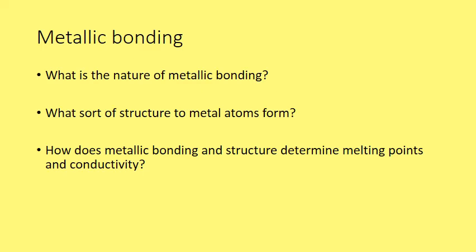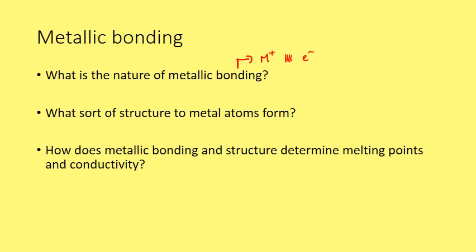And that just leaves us to review our learning objectives to make sure that we've covered it all off. First of all, we asked ourselves what's the nature of metallic bonding, and so the main points there: we have metal ions, and I'm just going to use M for metal. So you have positive metal ions making an electrostatic attraction to a sea of mobile electrons, and that is the metallic bond.